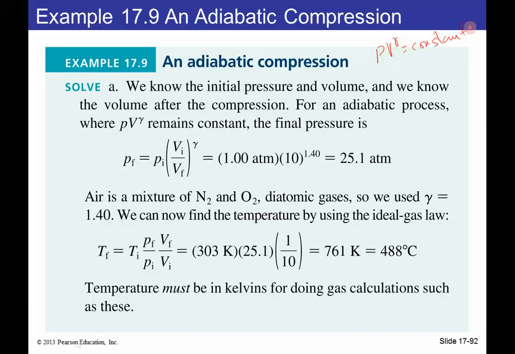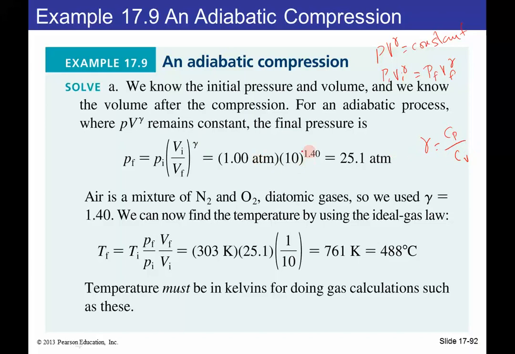So that means that P initial V initial to the gamma is equal to P final V final to the gamma. So I'm going from my initial state to my final state. So from this, I can write this equation here. Remember, gamma is Cp over Cv, and I can calculate that for air.